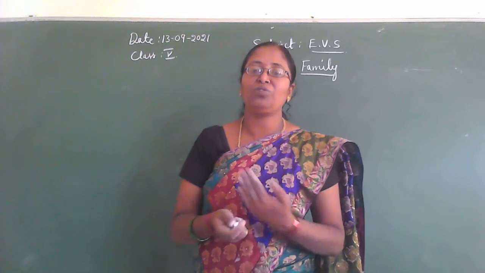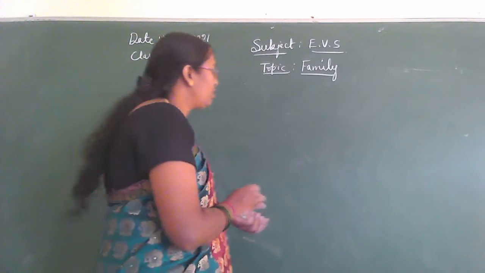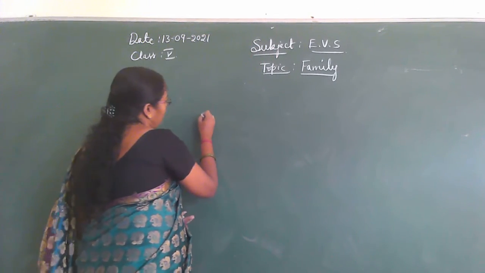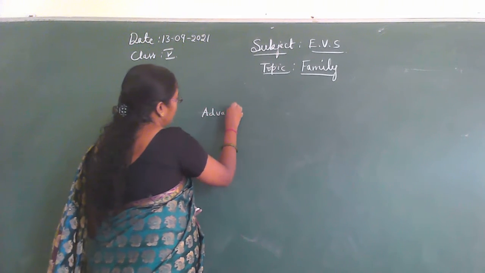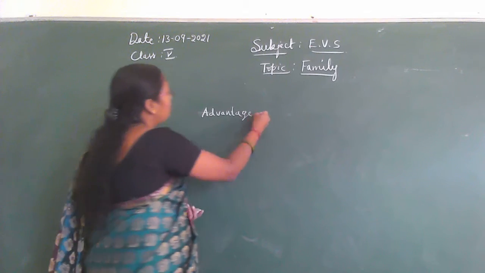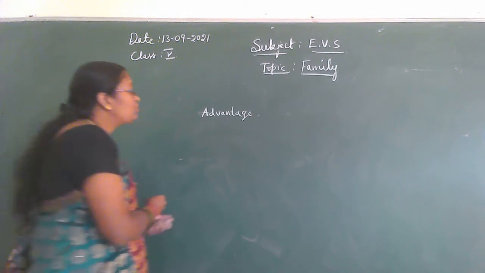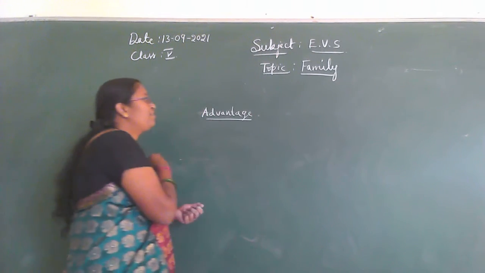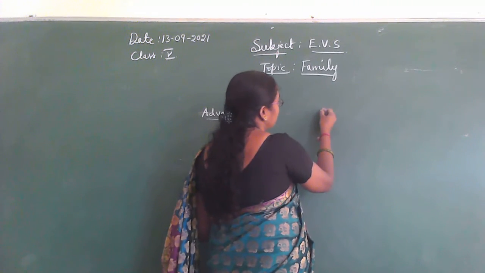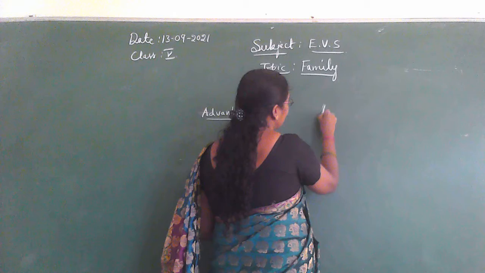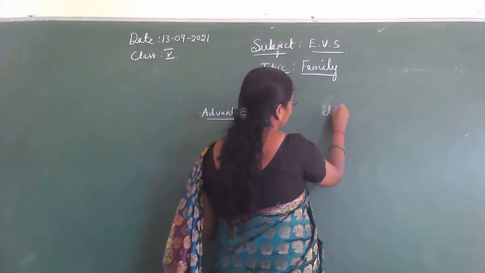We are now going to discuss about the joint family. Advantage. If we are living in the joint family, what is the advantage? If you are living in the joint family, what is the disadvantage?